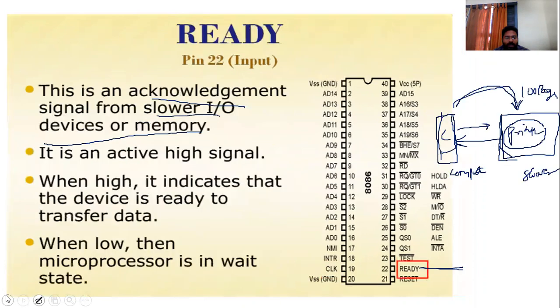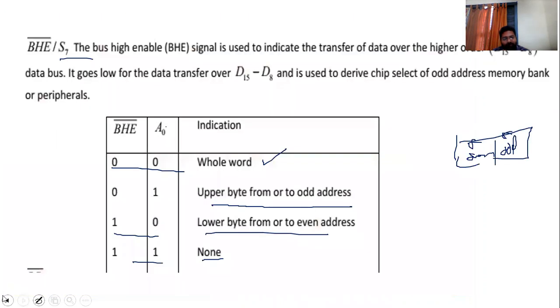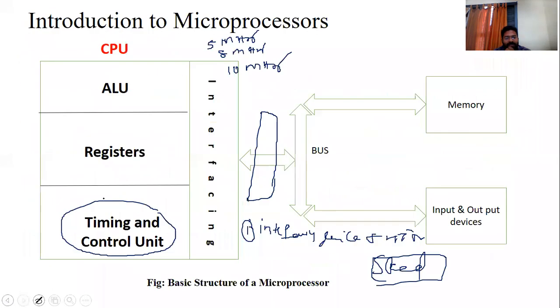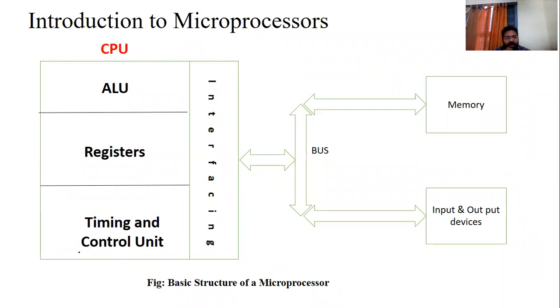The quartz crystal oscillator is continuously supplying clocks to this microprocessor, but different operations require a different number of clocks. You see this timing and control unit. What does this timing and control unit do? It sends different clocks to each and every device to activate them.